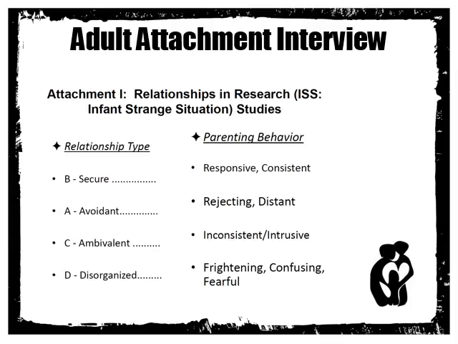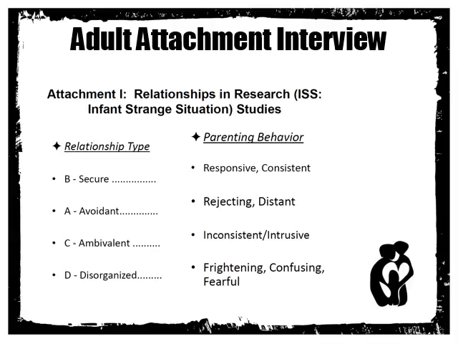First, we're going to look at parenting behavior in regards to relationship type with children. A child who experiences secure attachment has a parent who is responsive and consistent. A child who has an avoidant attachment style has a parent who is rejecting and distant. A child who has an ambivalent attachment style has a parent who is inconsistent and intrusive.